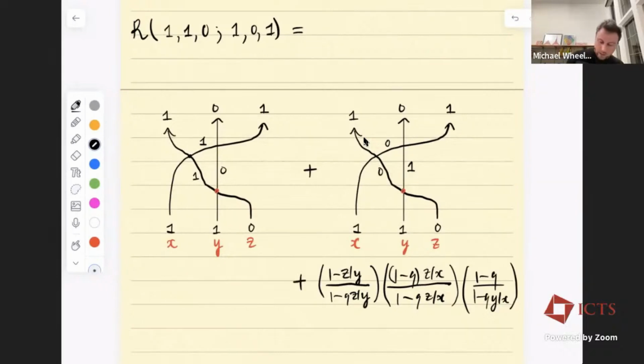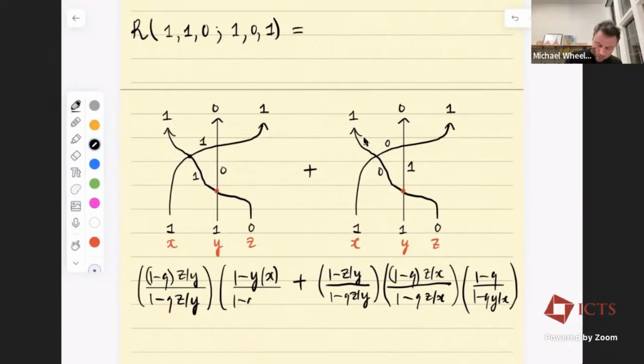And the other one is a little bit simpler because one of these vertices has weight 1. So this time we only get 2 terms. I get 1 minus q z over y, 1 minus q z over y, and then 1 minus y over x.